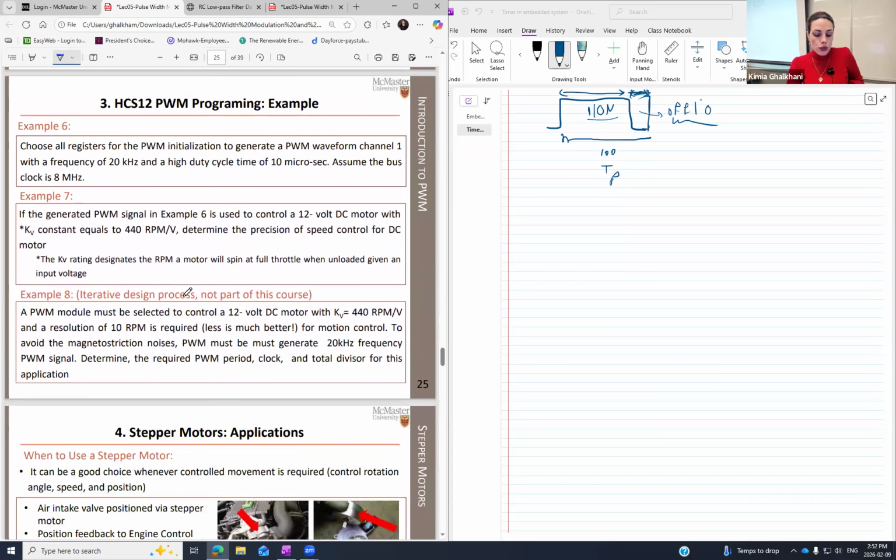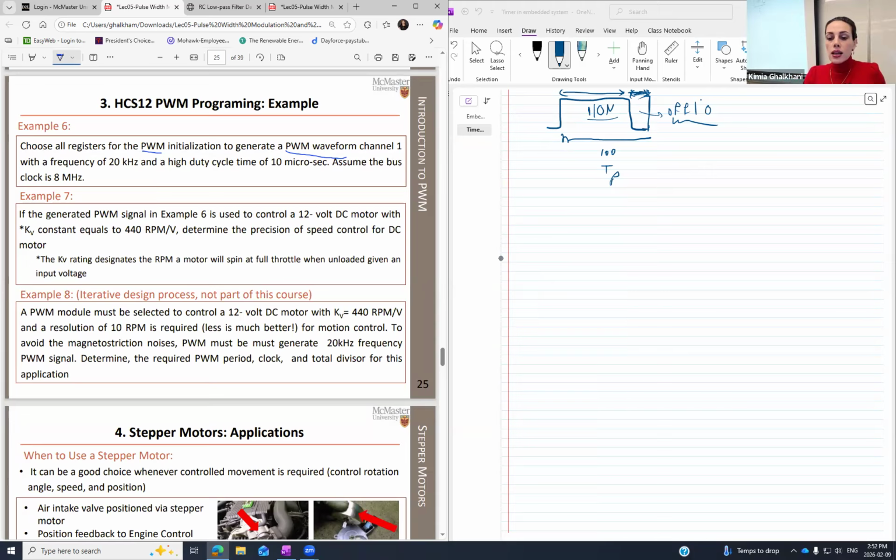Now let's do this using an example. Example 6. How do we do all of those stuff? I'm going to choose all registers. So this question is asking me to choose all of your registers for PWM to generate a PWM waveform. What does that mean? PWM waveform means just 1 and 0, right?